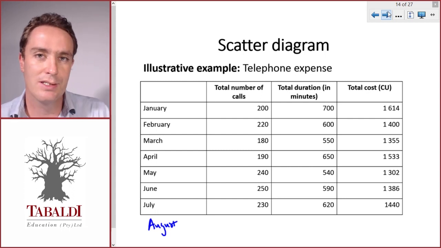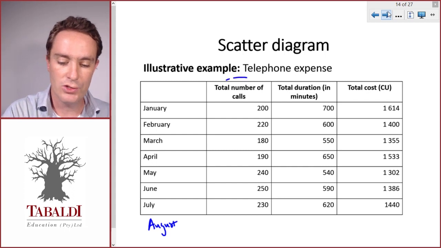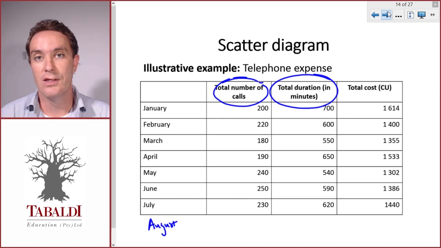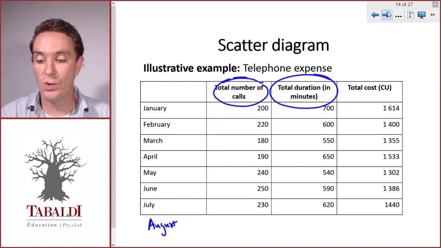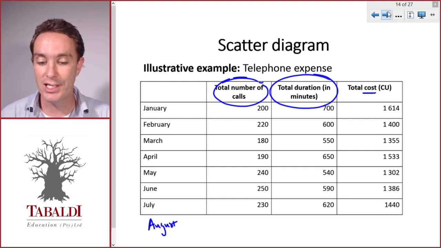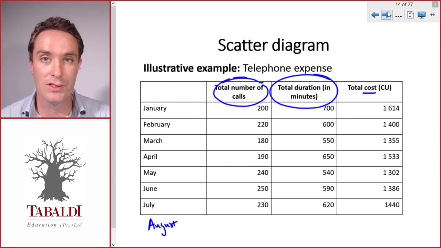So the first question is, which one of these two activities do you think caused the total cost to increase? Or which one is the better explanation, or which one can we use to better explain the behavior of the total cost?